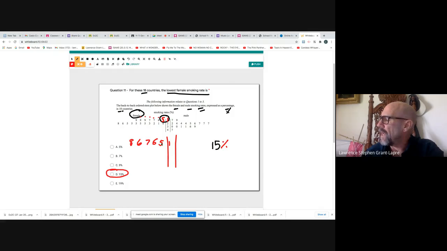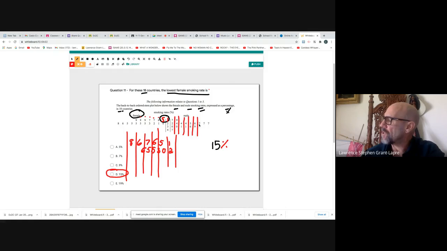And you can't do it like 20, 23, 25, 25, 26, because the numbers have to be in perfect columns. You can't squash them up. They've all got to be evenly spaced when you make a back-to-back plot.